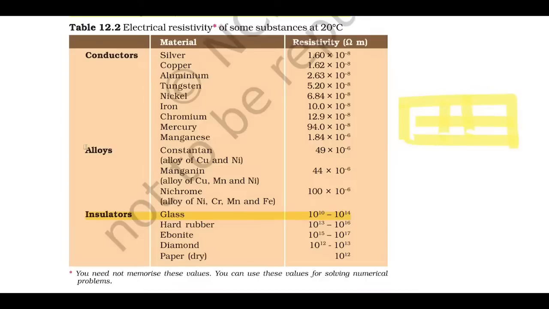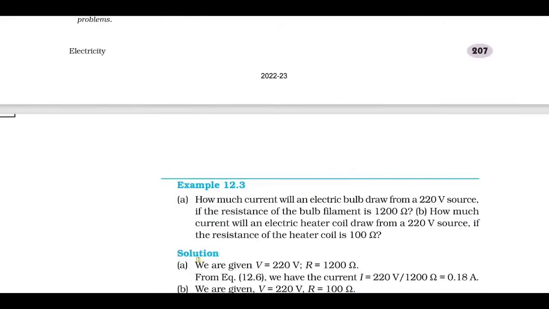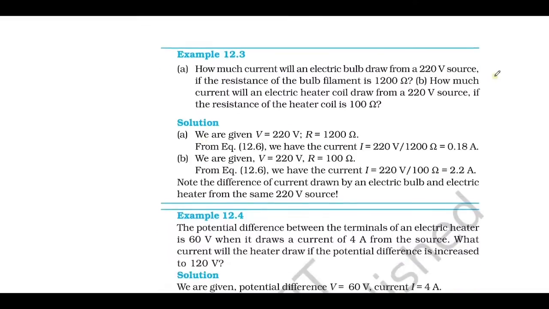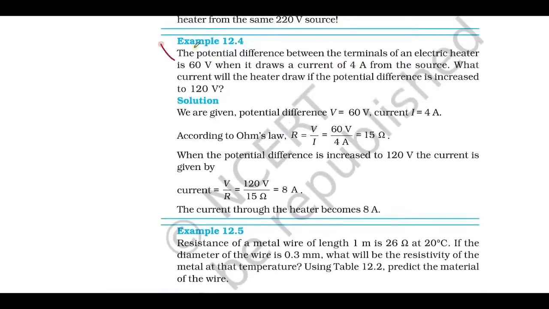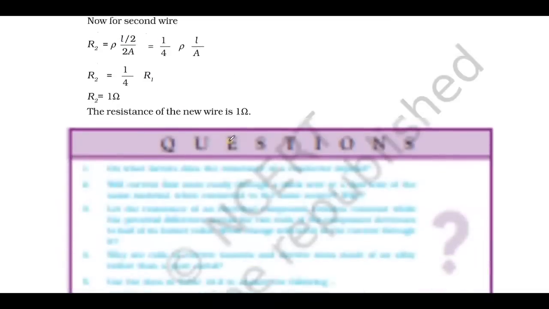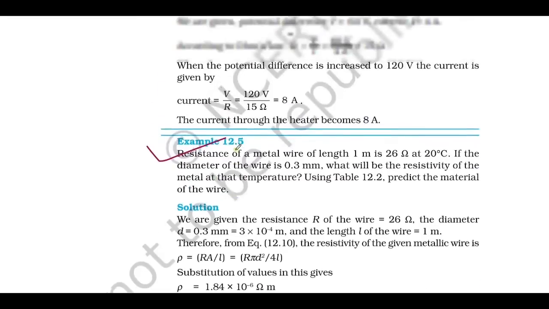If the resistivity is less, conductivity will be more, which are inversely proportional. So solve all the questions, solve all the numericals from the examples. We can expect the numericals from the examples only, based on resistivity and Ohm's law.